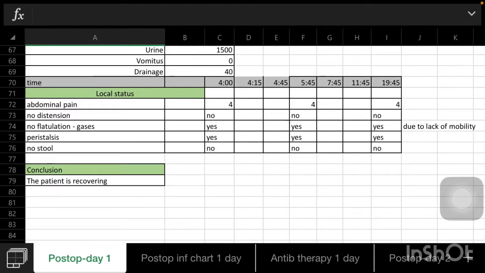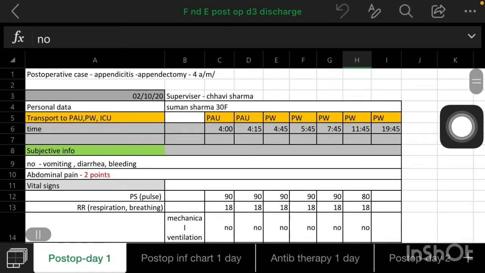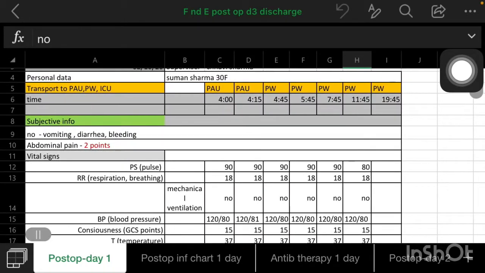We see better output. So today is the post-operative day 3 of appendectomy. This is recorded on 2nd of November 2020. We see that the patient is now having abdominal pain of 2 points only, as earlier it was 4 points. No experience of vomiting, diarrhea or bleeding.